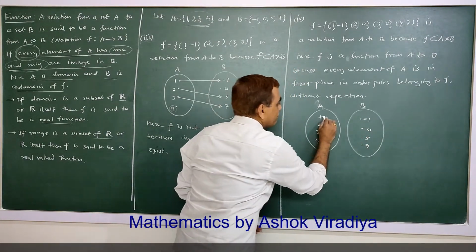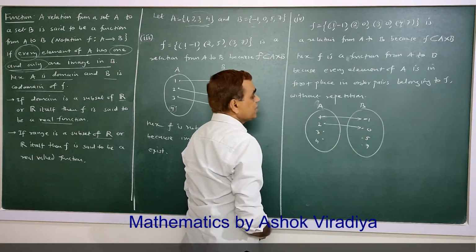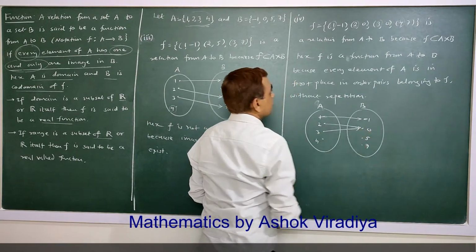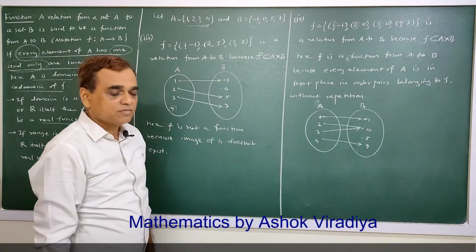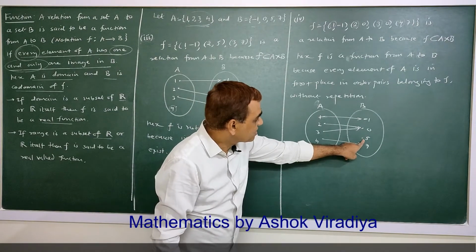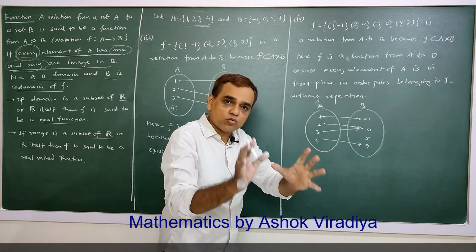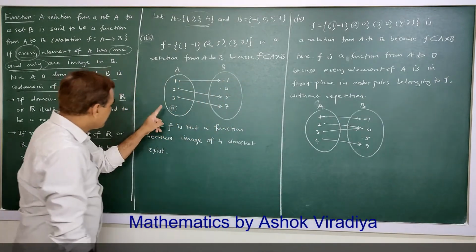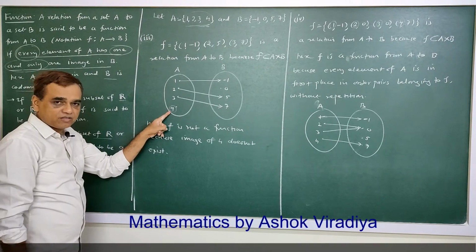Image of 1 is -1, image of 2 is 0, image of 3 is 0, image of 4 is 7. So in the second set 5 is missed. If anything is missed in the second set, it is allowed. But if anything is missed in first place, it is not allowed to be a function.